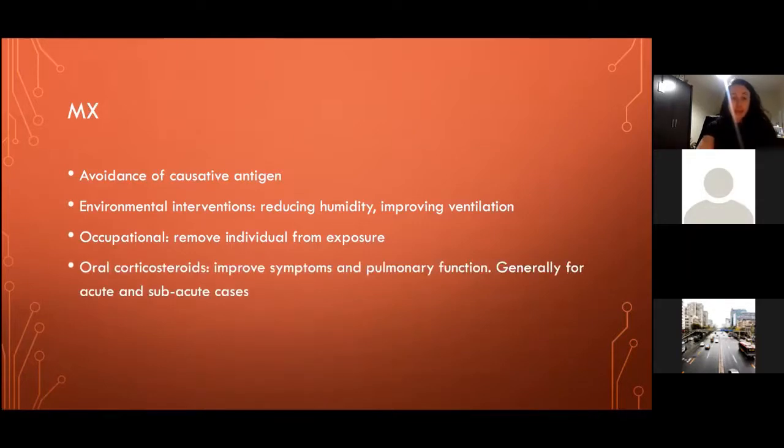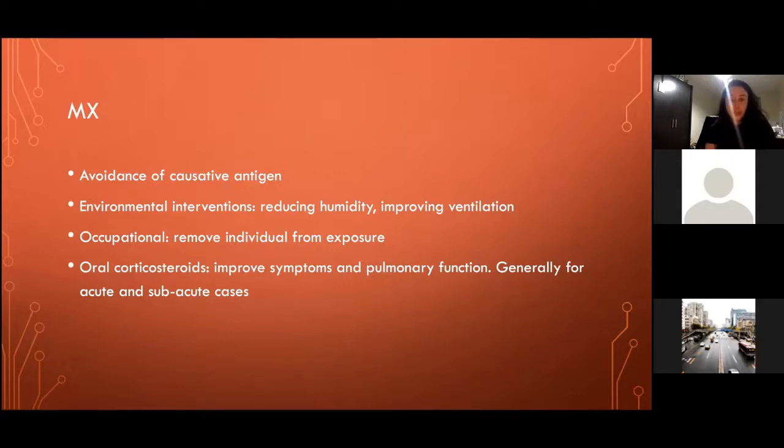And then oral corticosteroids can be really effective, and they can improve the symptoms as well as the lung function, generally given in acute and subacute cases. So that's if the environmental interventions aren't working. And they can be tapered over about 6 weeks.